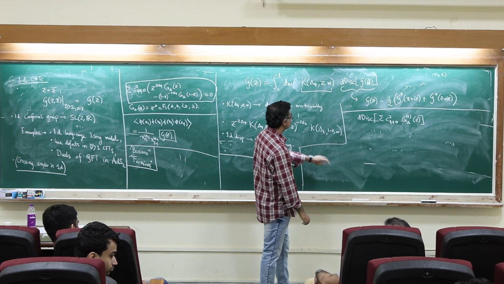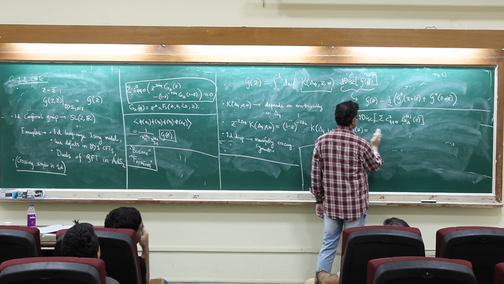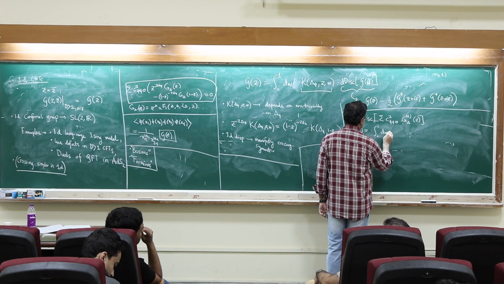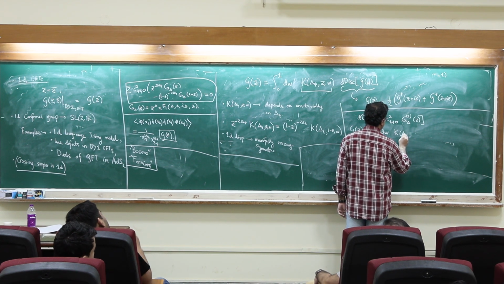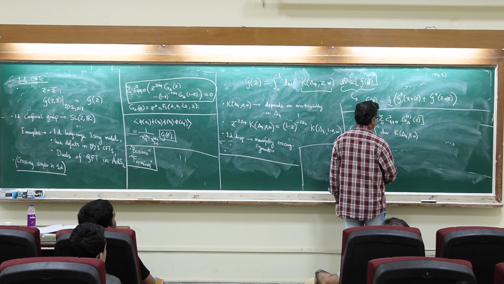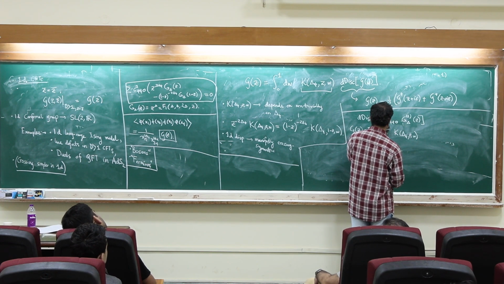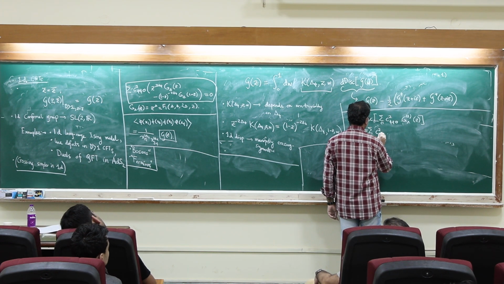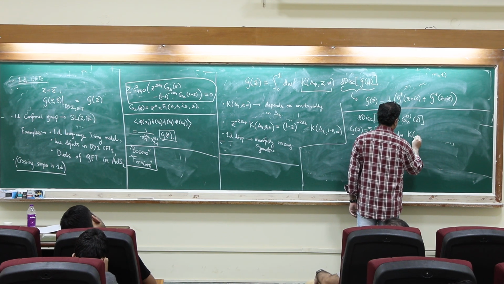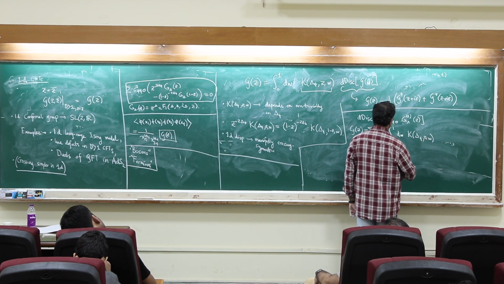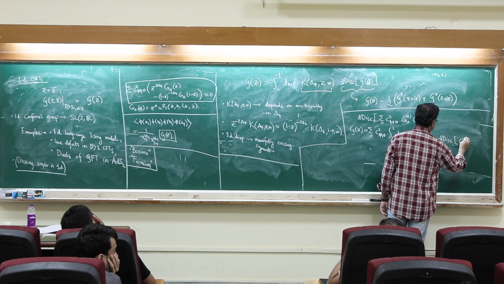If you plug this conformal block expansion in here, then you get a representation for the correlator which involves the double discontinuity of the T-channel conformal block.